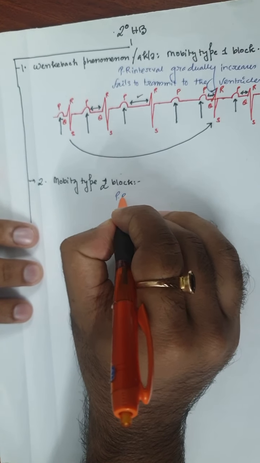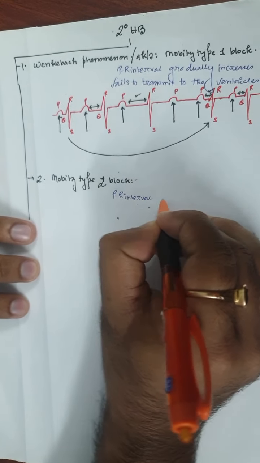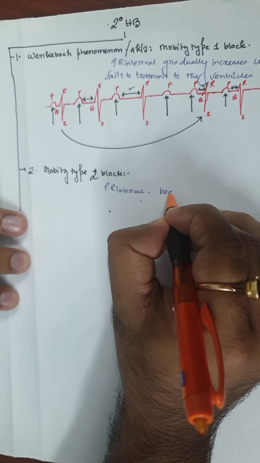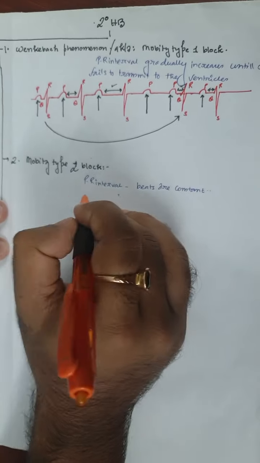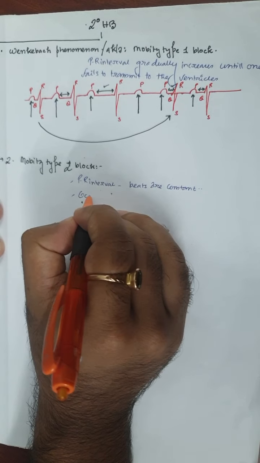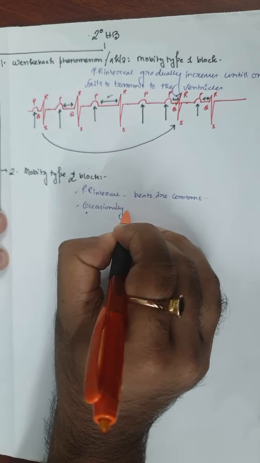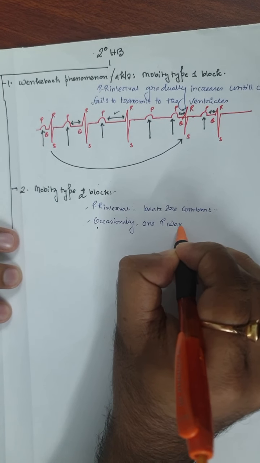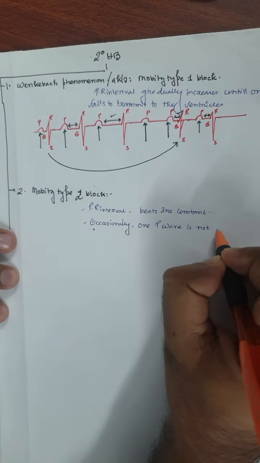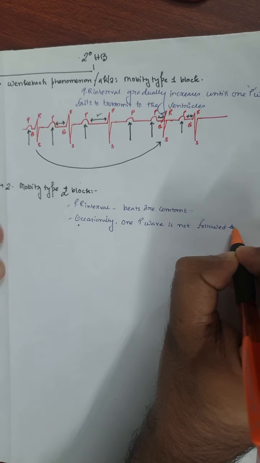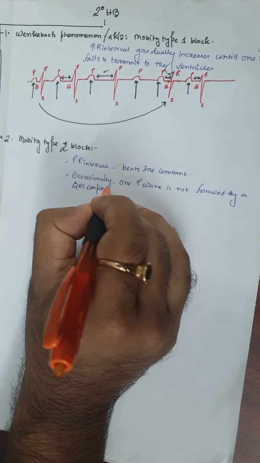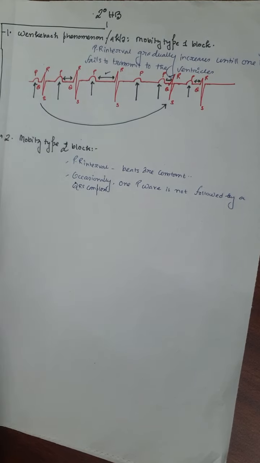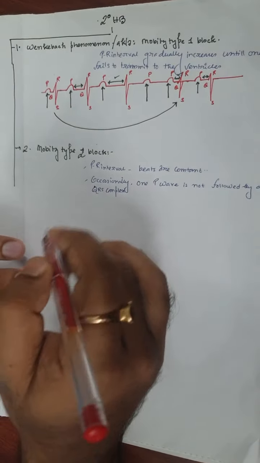In this Mobitz type 2 block, the PR interval of all the beats is constant, but occasionally one P wave is not followed by a QRS complex. So let's take a look at how the ECG looks.